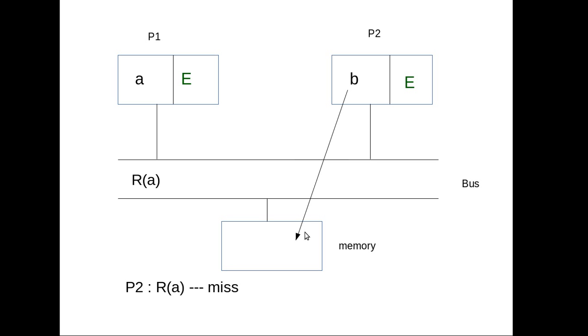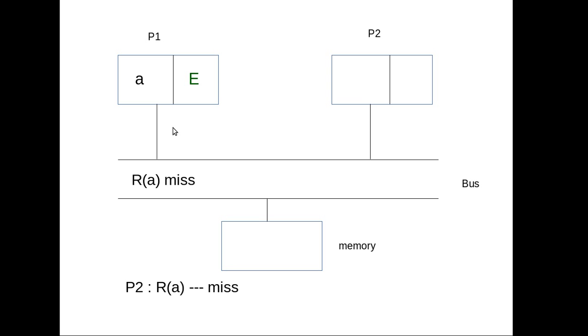Next, here again we are placing a read A as it was missed for P2. We have placed read A in bus. But it has bus read hit.